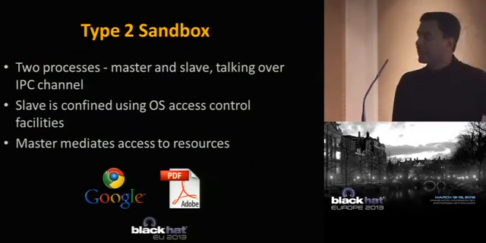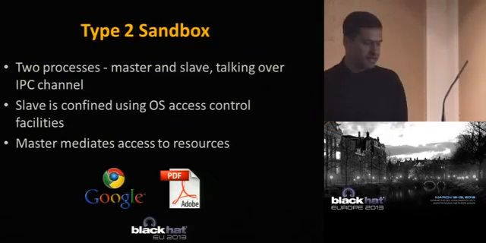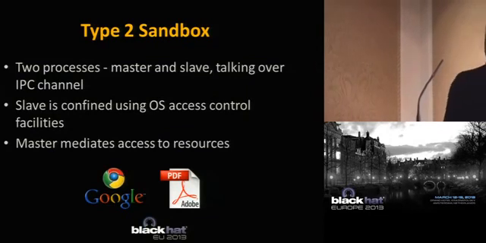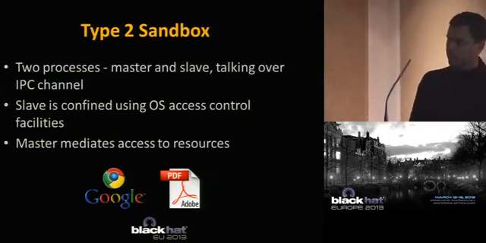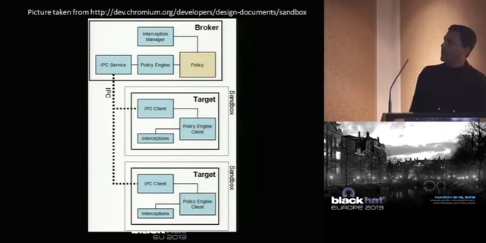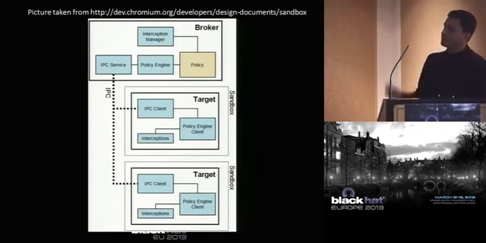The slave is confined using operating system access control facilities, and the master mediates the access to the resources. The best examples of this type are the Google Chrome browser and Adobe Reader, the Sandbox Reader version. And if you look at the high-level architecture from the Chromium resources, this is how the IPC interactions happen between the master and the slave.